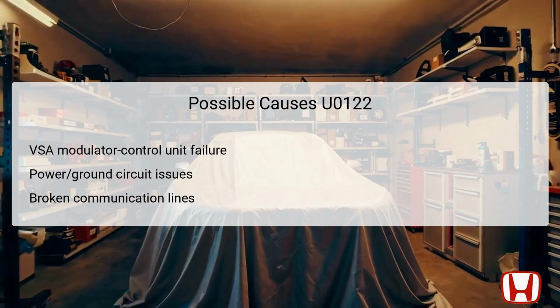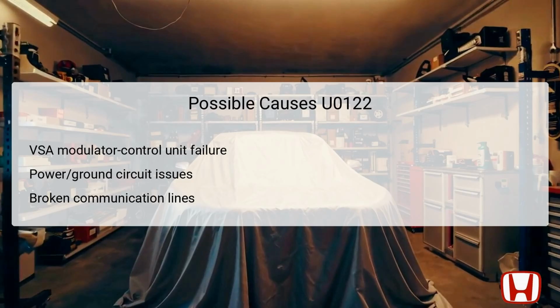First, the VSA modulator-control unit itself may be faulty and unable to send signals to the PCM. If this unit fails, the communication lines cannot function effectively, resulting in the error code. Second, issues with the power or ground circuits supplying the VSA modulator-control unit can lead to a lack of proper functionality.